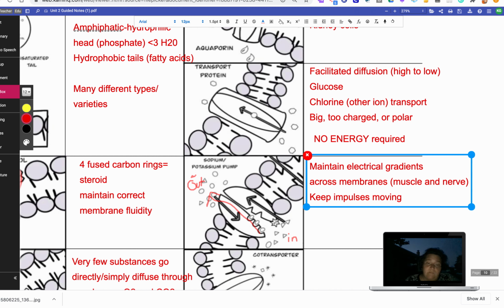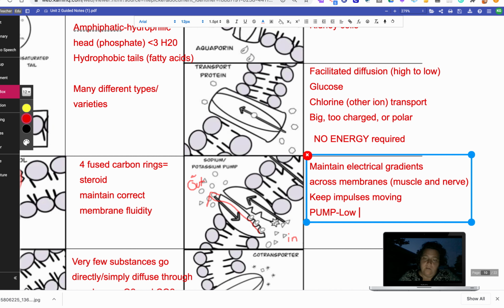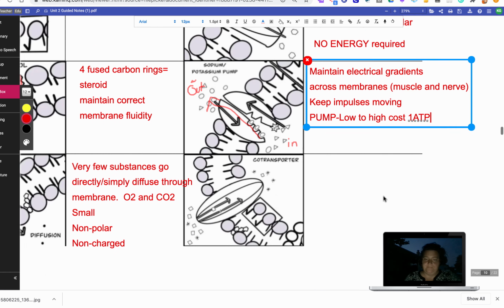Problems with sodium and potassium and low energy can become problems very quickly. And it's at the expense of 1 molecule of ATP. It's a pump, so it's going to pump against the gradient. It's going to go from low to high, and it's going to cost 1 ATP for every pump that it does.